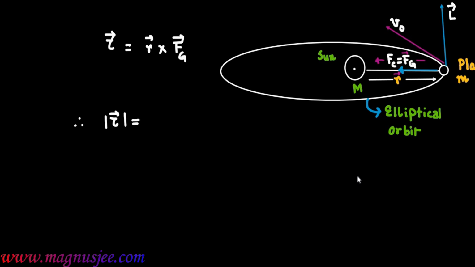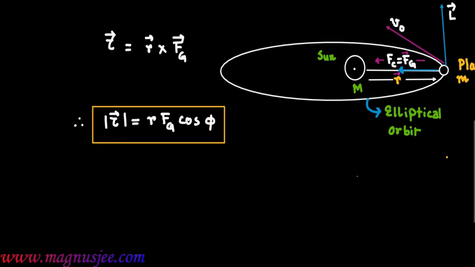So magnitude of vector tau equal r Fg sine phi, not cos phi. It should be sine phi. Here it was written cos phi, but it is wrong, so we have to make a correction.